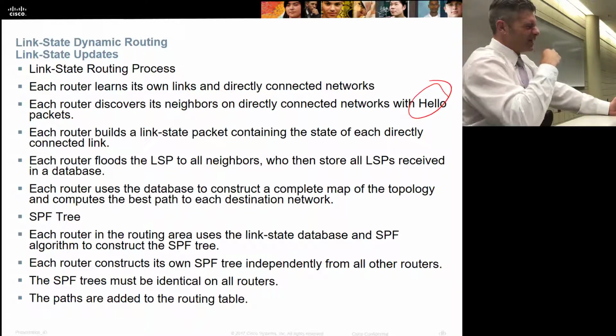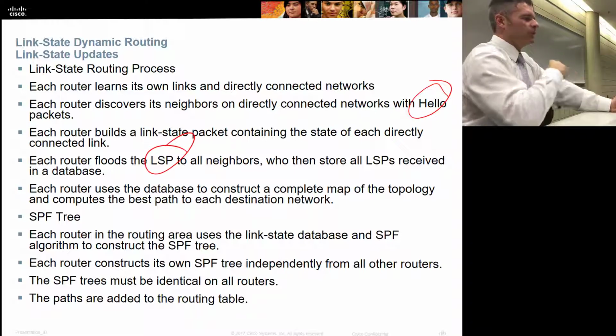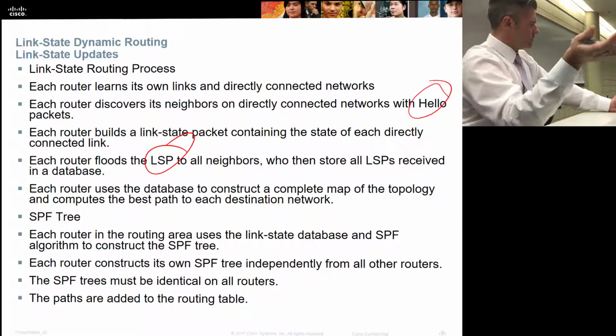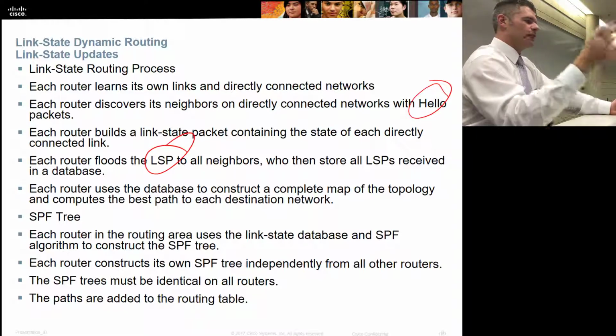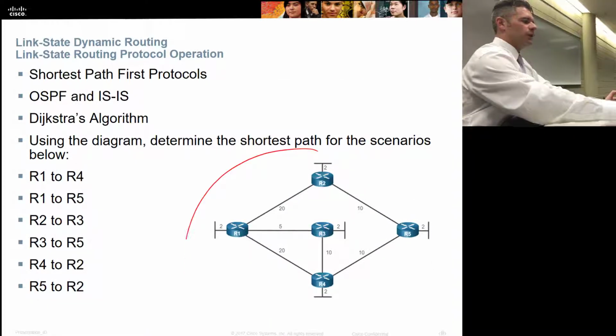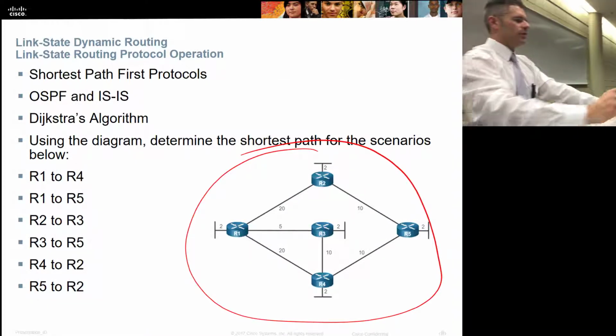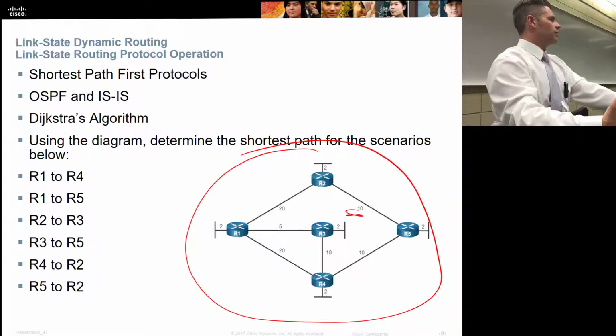You build that data starting with who you're directly connected to. You use link state packets that you flood to your neighbors, and then they flood onto their neighbors. Then you create a database that includes the whole shebang. It figures out this whole network topology based on the cost of it, not just the number of hops to it.